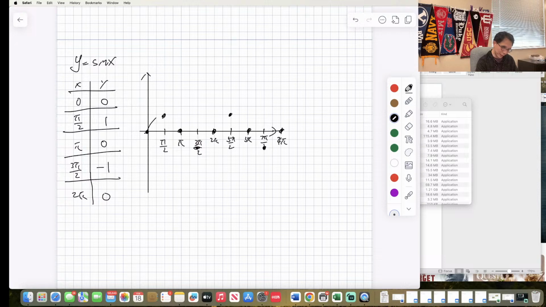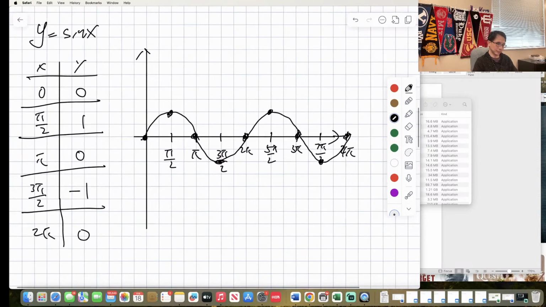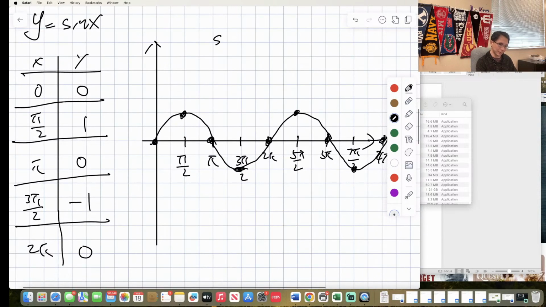So this graph is going to be like this. Now, I don't care about any smaller values. I only care about when they get 1 and negative 1. And this is a sine graph. Is this okay?